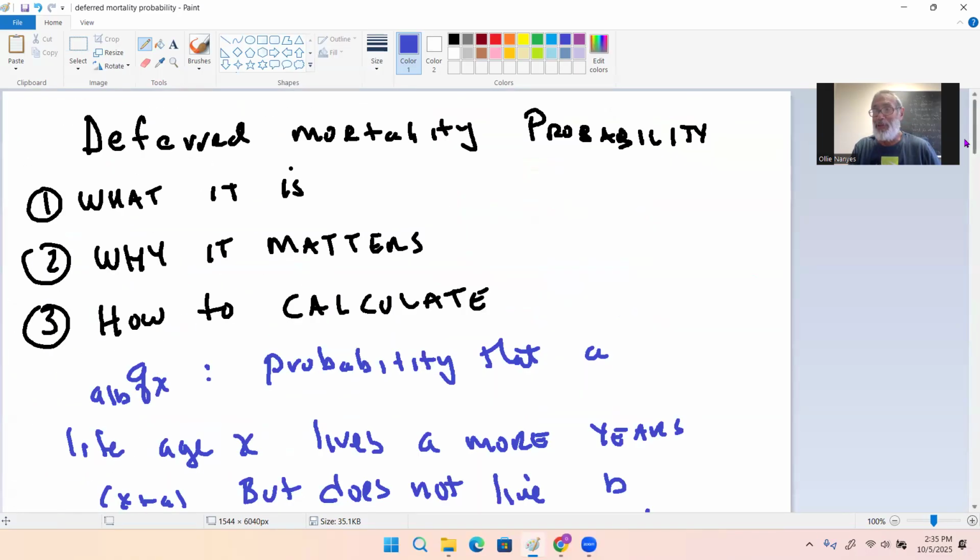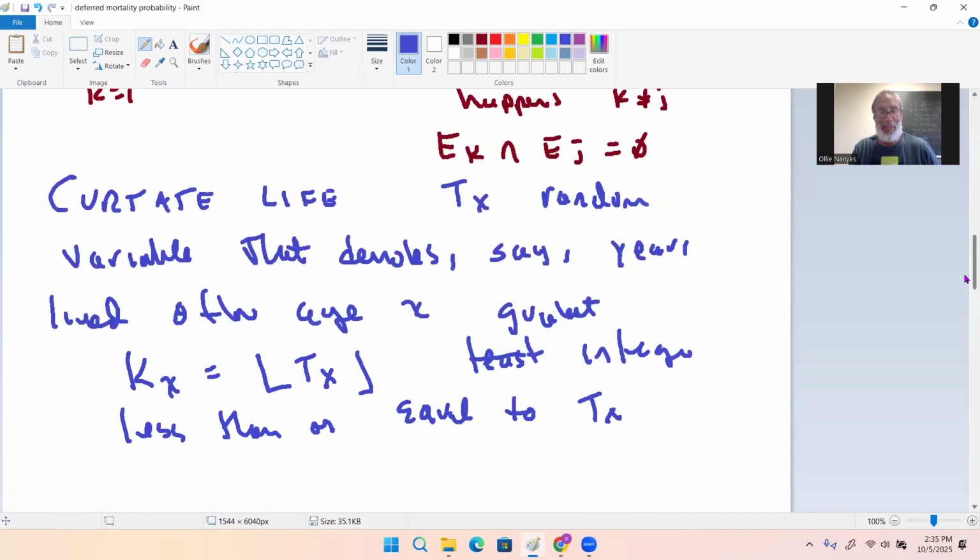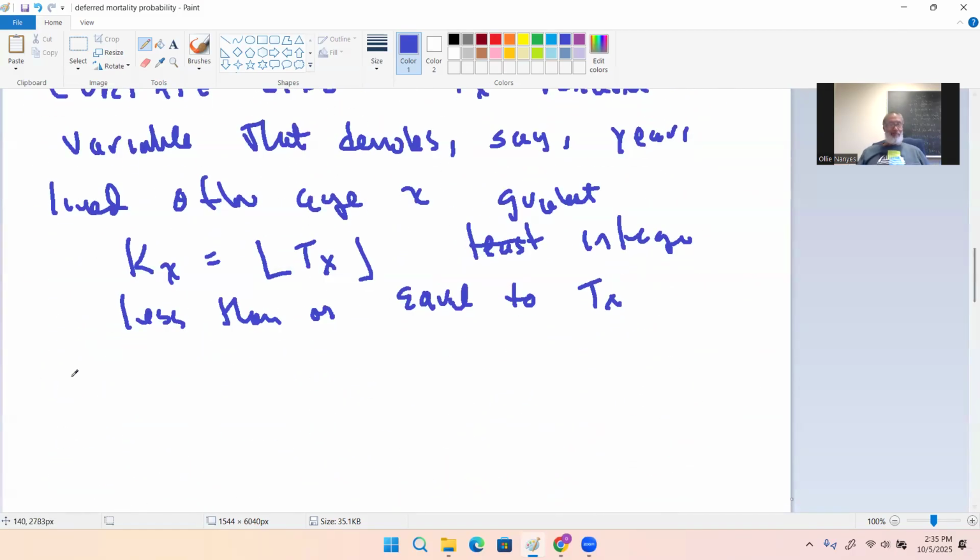This isn't really that hard to imagine, and I am going somewhere with this, by the way. So for example, if T sub X is 42.8, then the curtate would be 42. Yeah, that's what we need. Since these are going to be positive, you can just consider that to be the integer part. We're not going to consider negative lifespans.